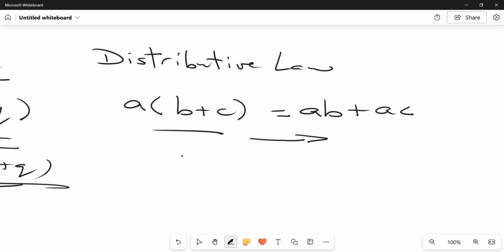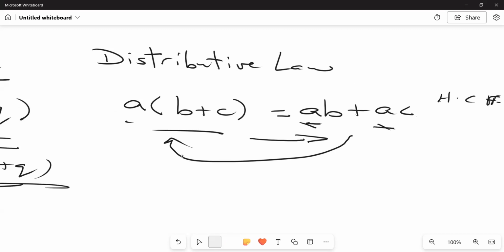We're actually taking this and getting that, where we're looking for the common factors, or I should venture to say the highest common factor, HCF. We're looking at the highest common factor, and in this case, it's A. It's common, so we pull it to the front times B plus C, right?